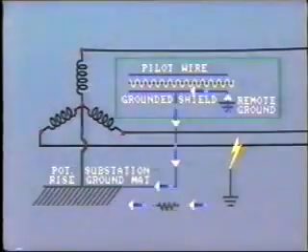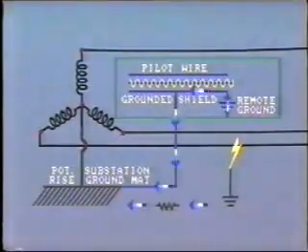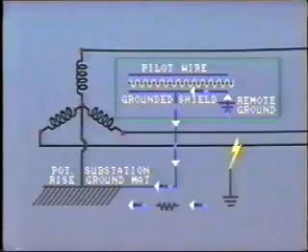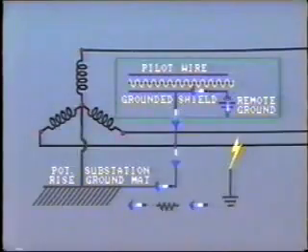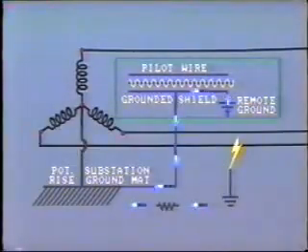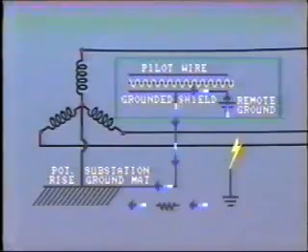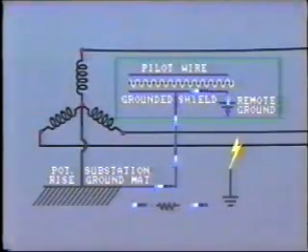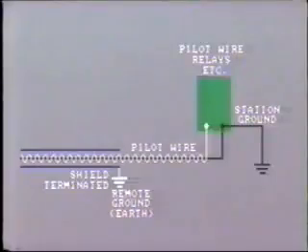In fact, if this shield was connected to the ground mat, it is probable that the large fault current from the power line would try to flow along this shield and cause damage to the cable. For this reason, the shielding is terminated outside of the ground mat area.